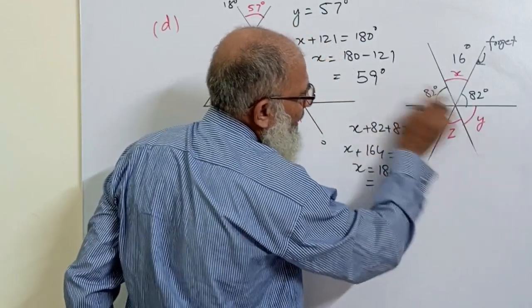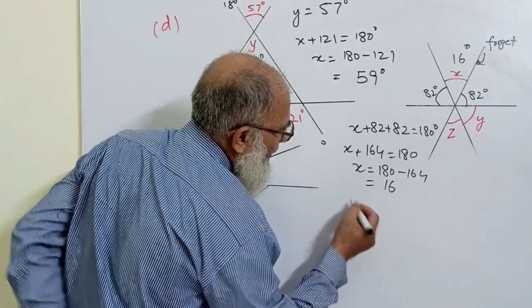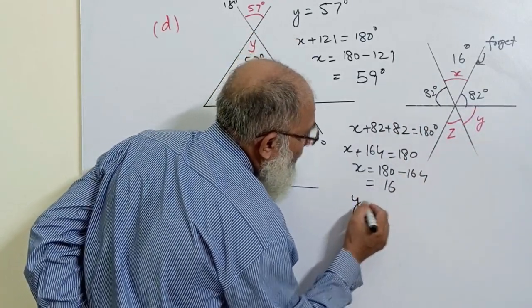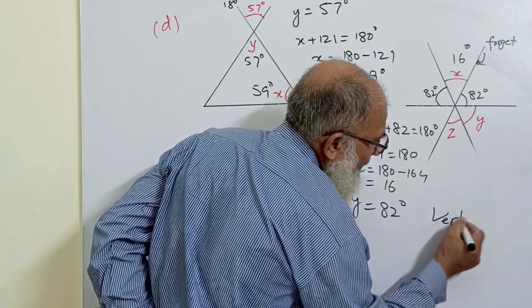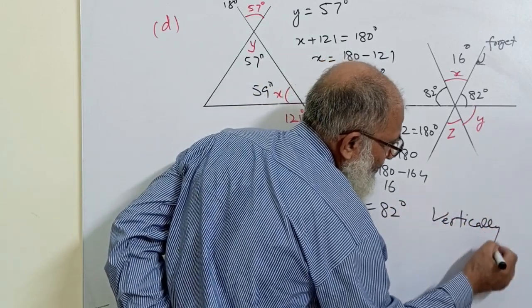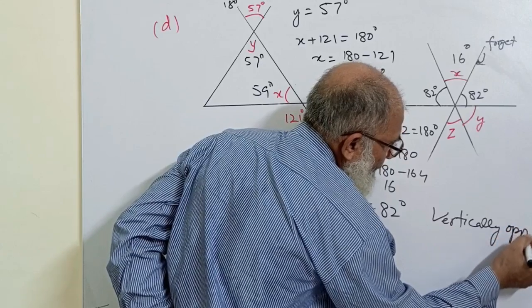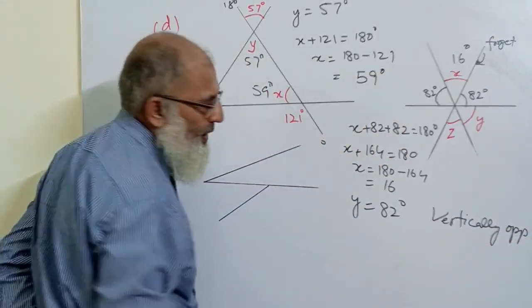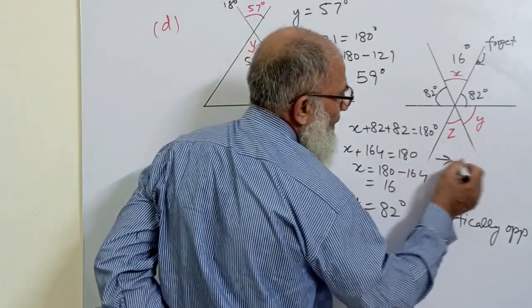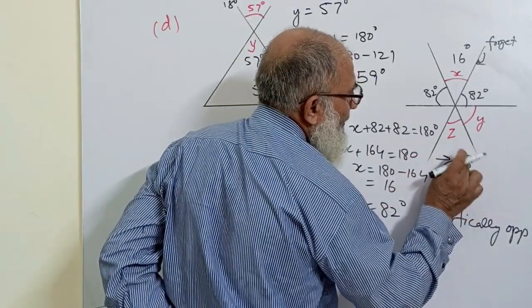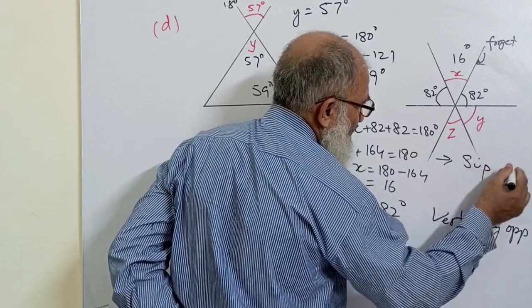Then these are the vertically opposite angles. So y is equal to 82 degrees. If you are asked to write the reason, you can write vertically opposite. And here you can also write supplementary angles.